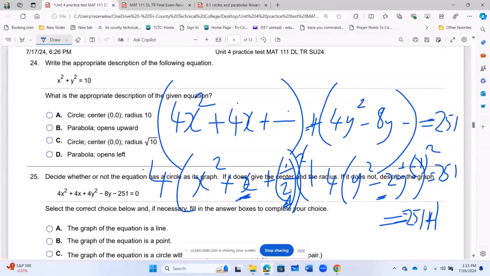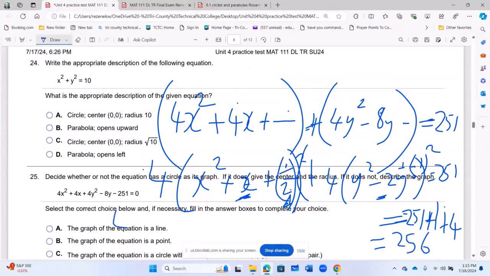So what I added here is actually 4, and I add 4 on the right. Whatever I do to the left, I do to the right. So when I finish, I have 256 on the right.